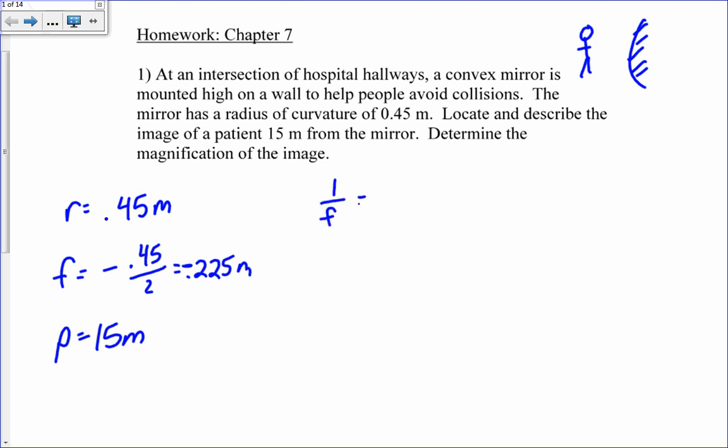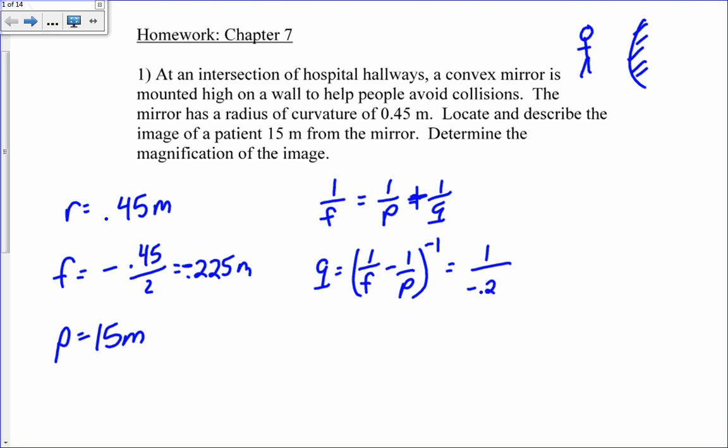I know from the mirror equation, 1 over F equals 1 over P plus 1 over Q. So that's 1 over negative 0.225 minus 1 over 15, to the negative 1.